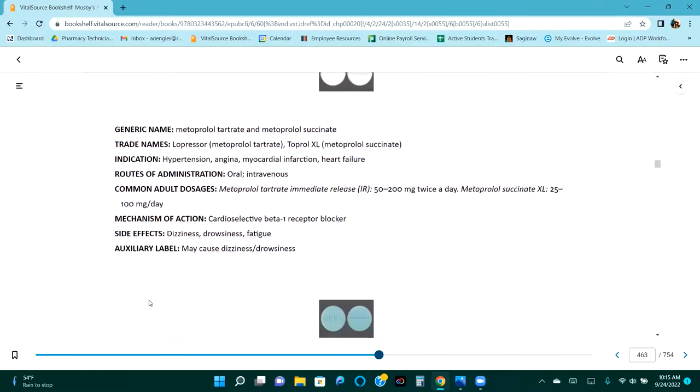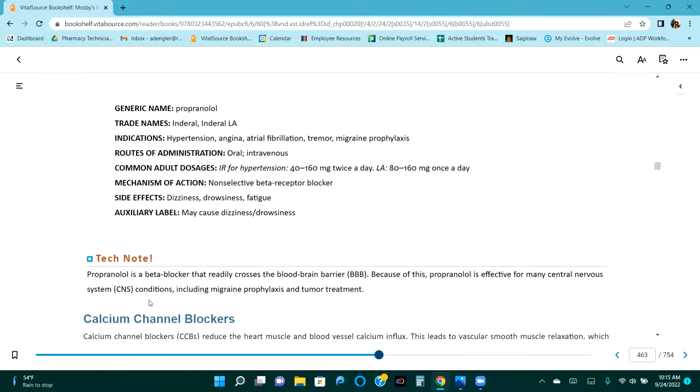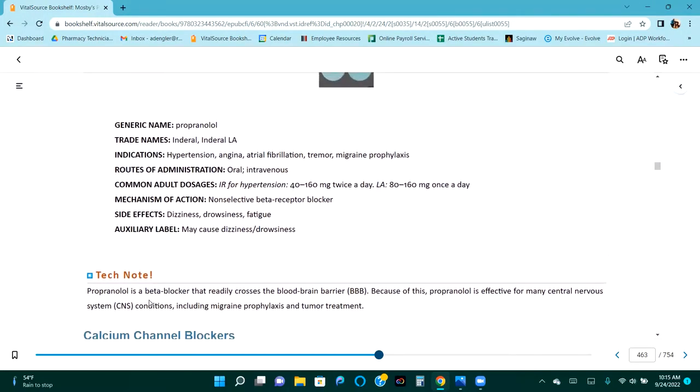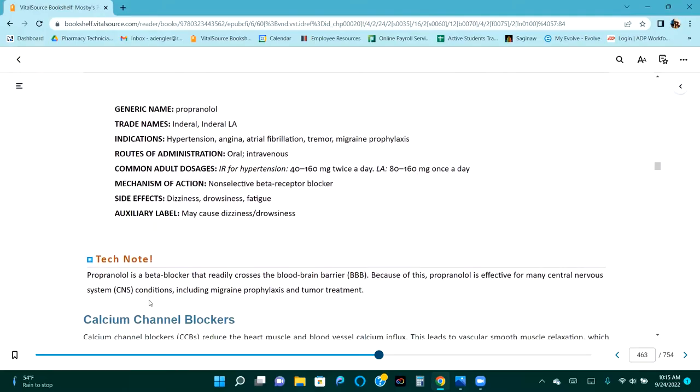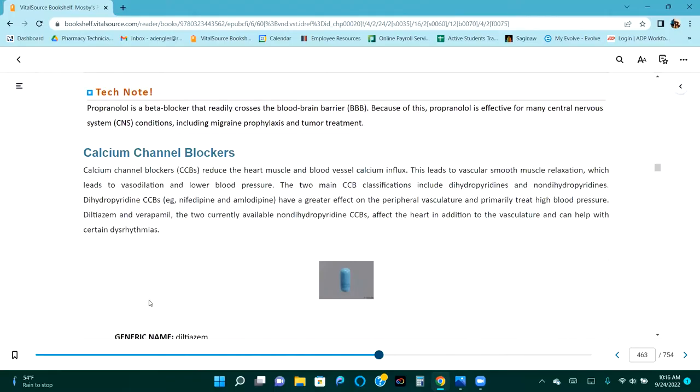Metoprolol tartrate and succinate. Propranolol, which is used for a lot of different things now: hypertension, angina, atrial fibrillation, tremors, migraine prophylaxis, and is even used for chest pains and anxiety and things of that nature.